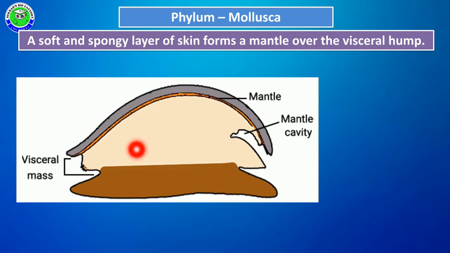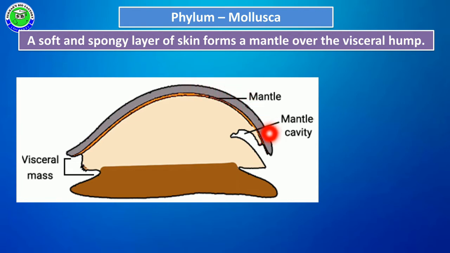So there are three parts: head, muscular foot, and visceral mass or visceral hump. The visceral hump is covered by a soft and spongy layer of skin, and this spongy layer of skin forms a special structure called mantle. This mantle is present around the visceral hump.